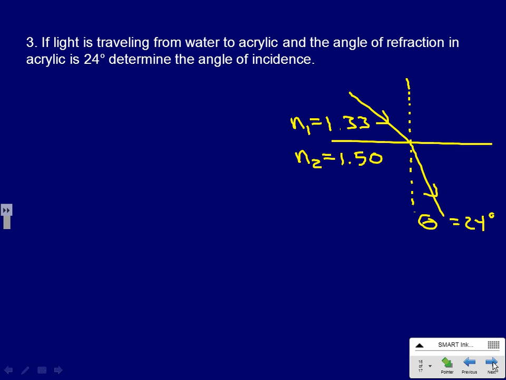Theta 2, because it's in n2. The number of the theta goes with what medium it's in. In this case, it's in the acrylic, 2. And in this case, we're looking for theta 1, the initial one.